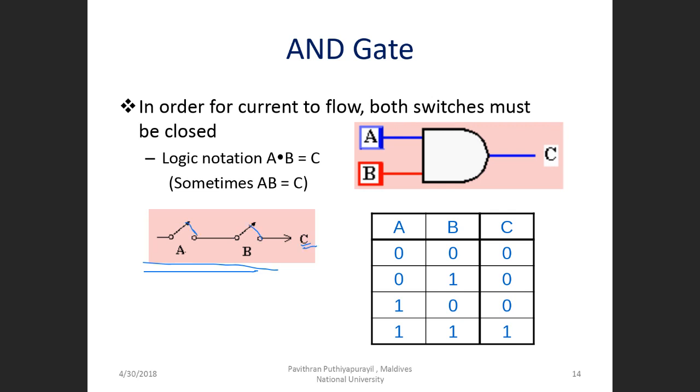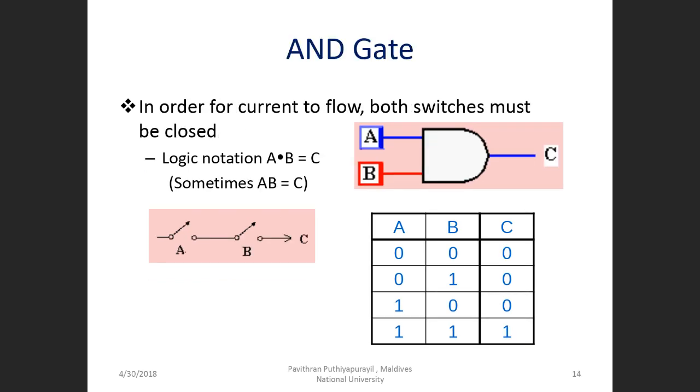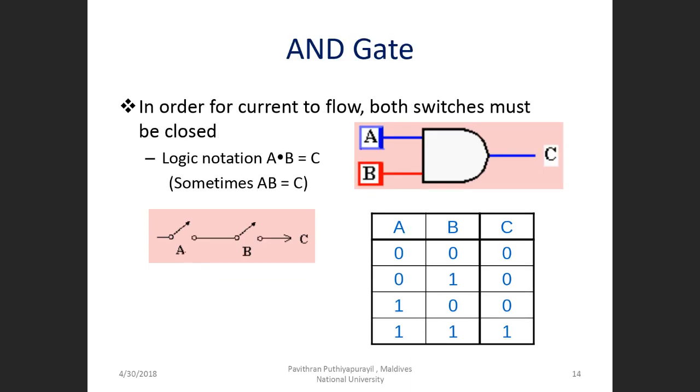Then only you will get output at C, which is not true in case of OR gate. In OR gate, if even one is closed you get output, but in case of AND gate you need to close both the gates, A and B, sorry, A and B, both the gates you need to close. In case of AND gate, then only you will have output at your output C. But in case of OR gate, that is not true. So this is the difference between AND gate and OR gate.